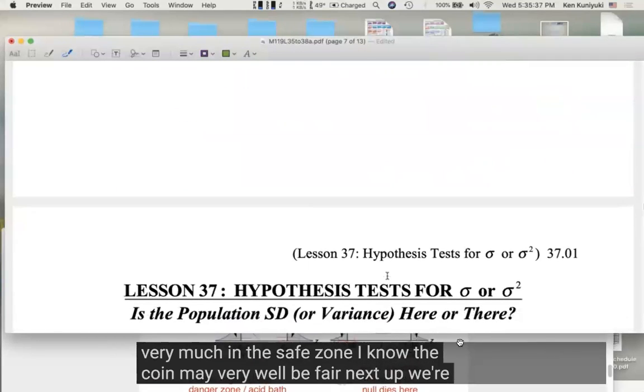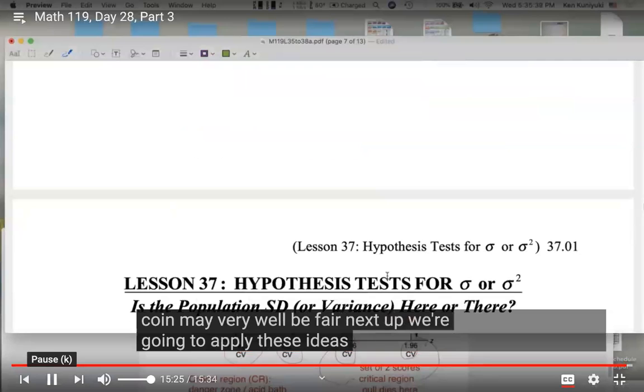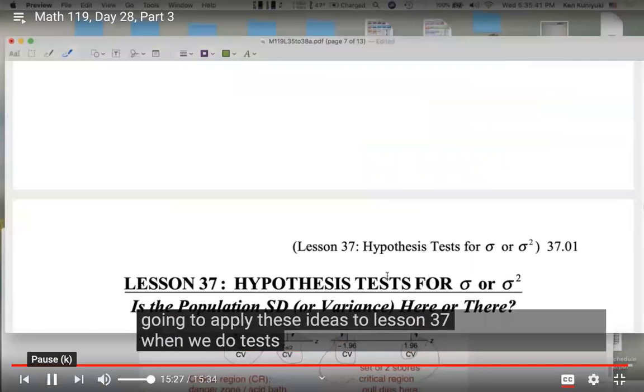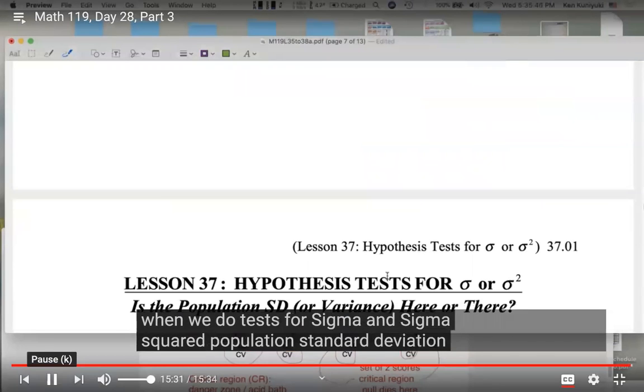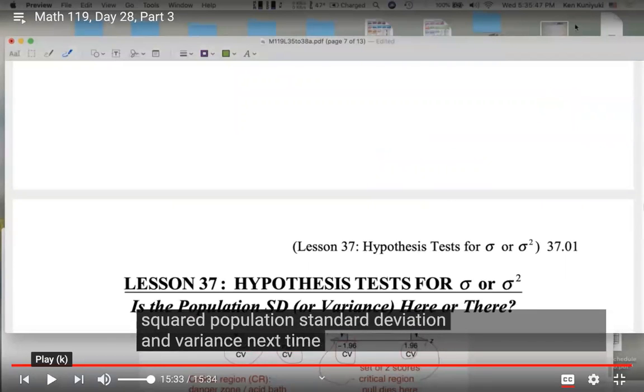Next up, we're going to apply these ideas to lesson 37 when we do tests for sigma and sigma squared, population standard deviation and variance. Next time. So questions, because when we do 37, the overall steps and ideas are very similar. It's mostly different notations. The formulas look different, but the ideas are going to be very similar. Any questions?